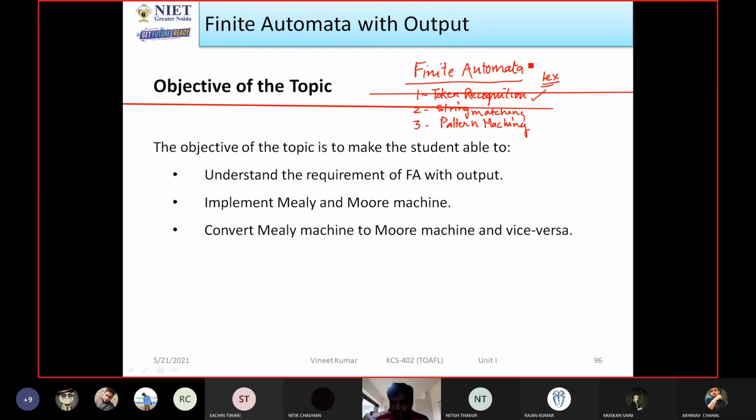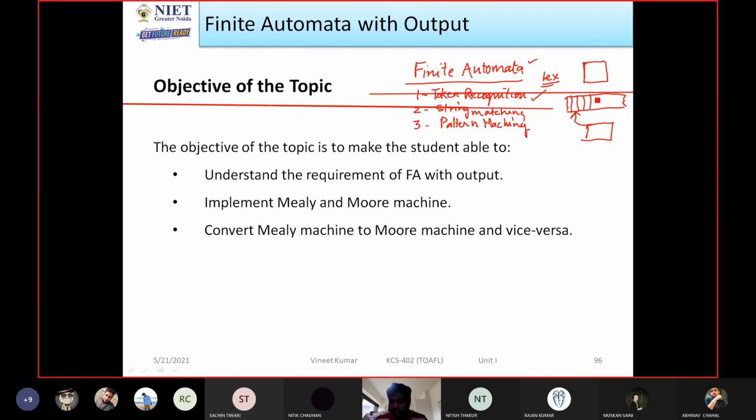And for that we construct a finite automata that contains a finite number of states. That's why we call it a finite automata. And you have seen this is a combination of an input tape that is connected with the finite control, and this connection is done with the help of the read write head.